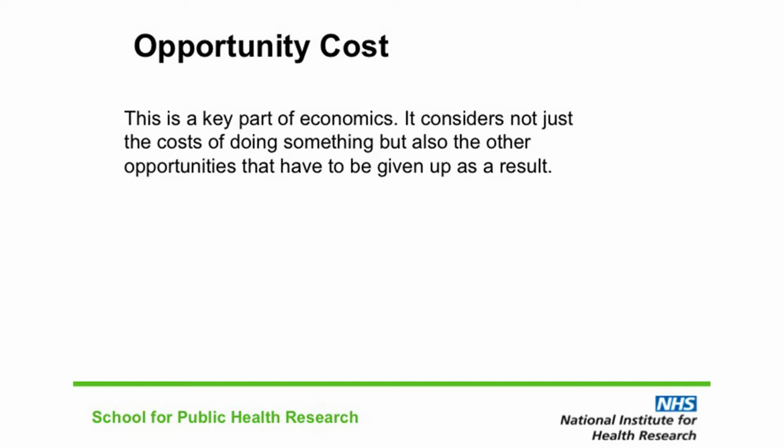It considers not just the costs of doing something, but also the other opportunities that have to be given up as a result. What this means is that as well as considering what resources will be used for a public health intervention, you must also consider the fact that these resources are now no longer available to fund alternative beneficial services.